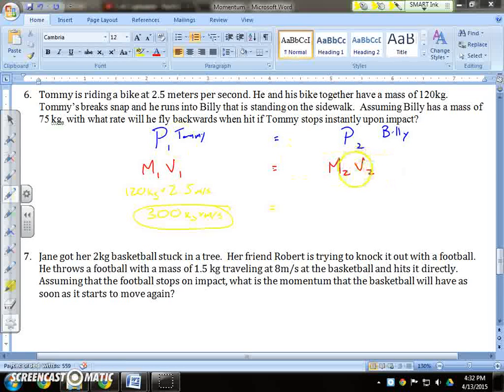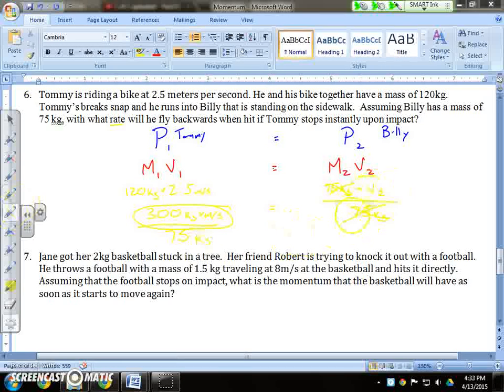Okay, so let's figure out the whole Billy side of it. Assuming Billy has a mass of 75 kilograms, at what rate? That means we're solving for velocity 2. Mass 2, Billy, is 75 kilograms, times V2. In order to solve for V2, we divide this side by 75 kilograms, so that they cancel, and the other side gets divided by 75 kilograms too.